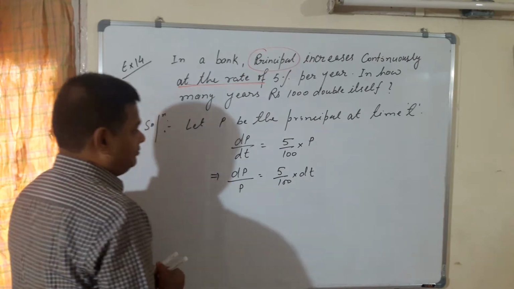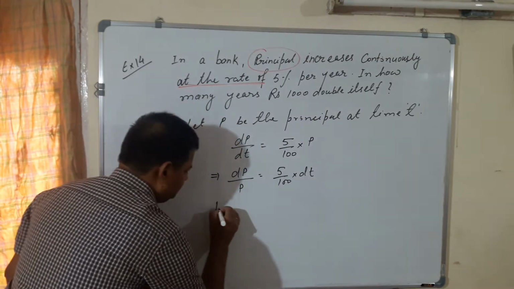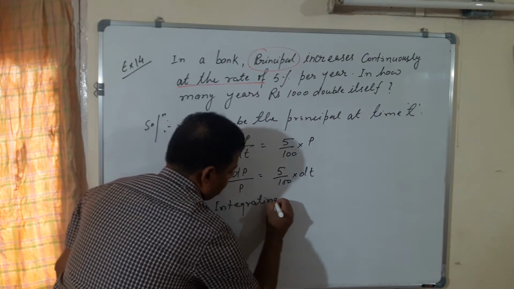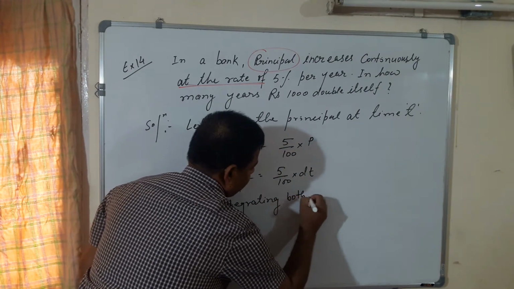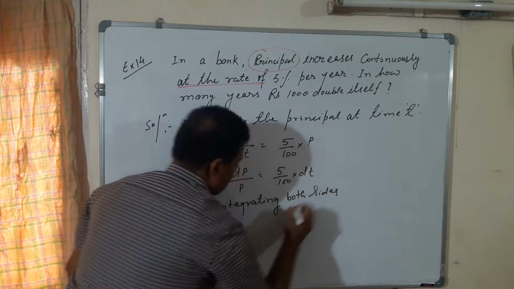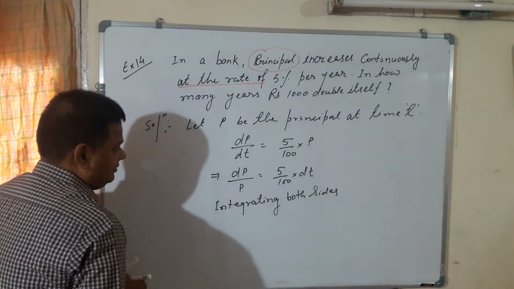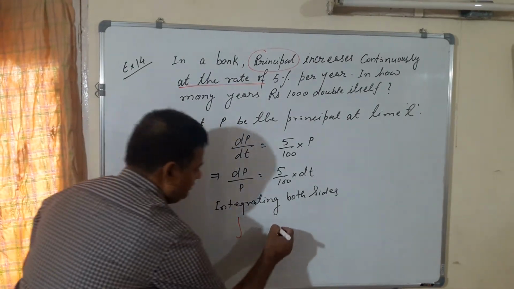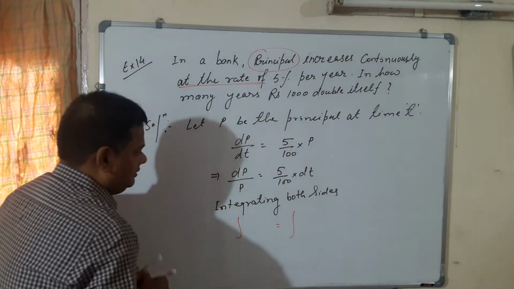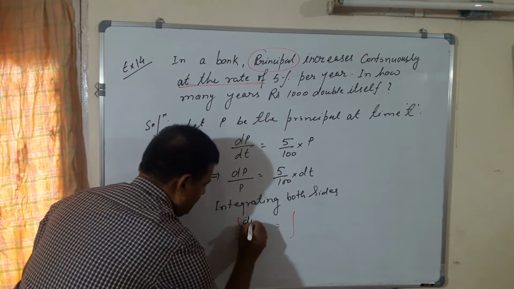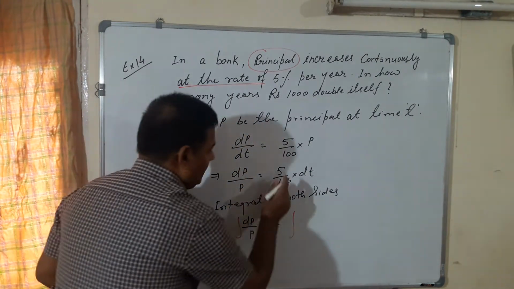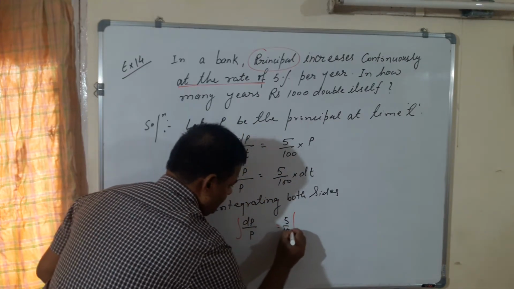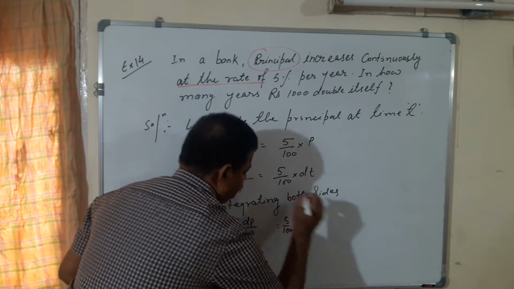Now integrating both sides. Integration of dP by P, here 5 by 100 is a constant, so it goes outside, and integration of dt.